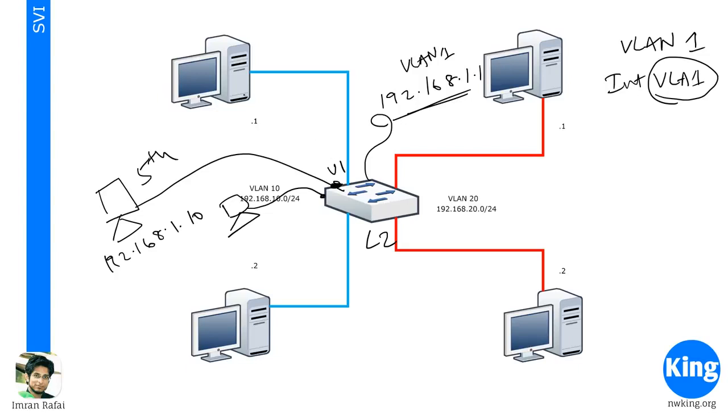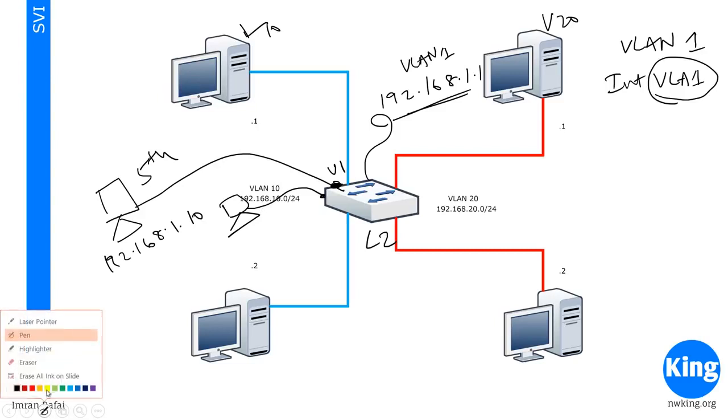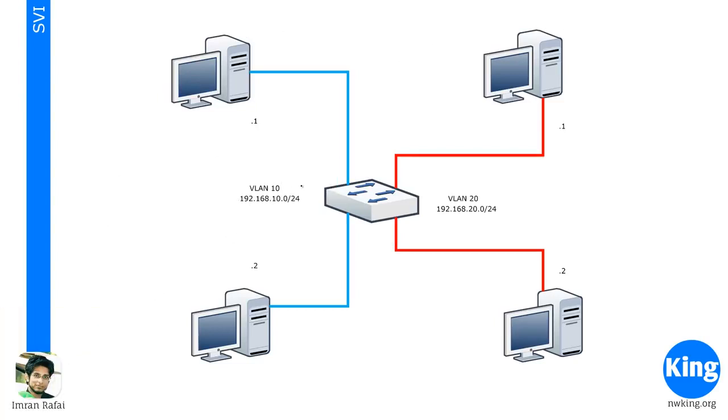But now this computer, for our example, we have put in VLAN 10 and this is in VLAN 20, right? So VLAN 10, you're on this network, right? Let me erase the ink. Now this is in VLAN 10 and we have an interface VLAN 1, right? Like I said, there is a virtual interface called VLAN 1.